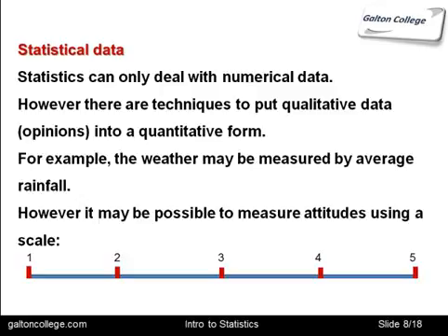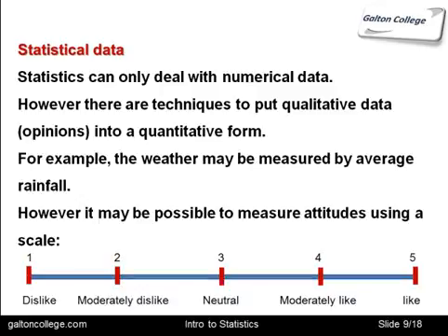We could assign some words to those 5 points. 1 is I dislike this product, and 5, I like it. 4, I moderately like it. 3, I'm indifferent. It doesn't matter to me. I don't like it and I don't dislike it. I don't care. So we have a scale for measuring opinions, and that's very useful.